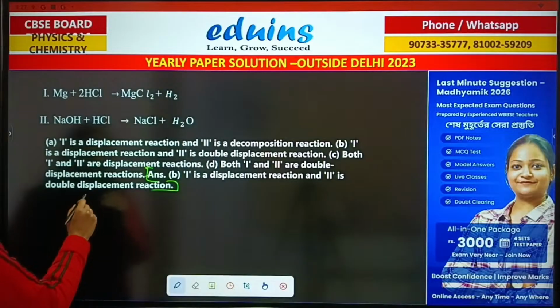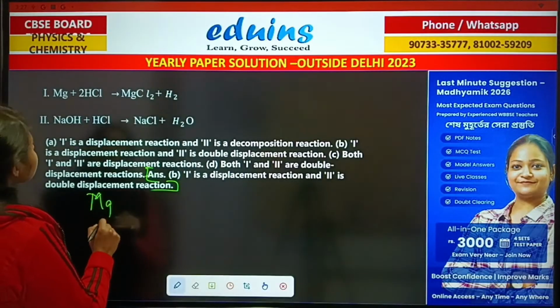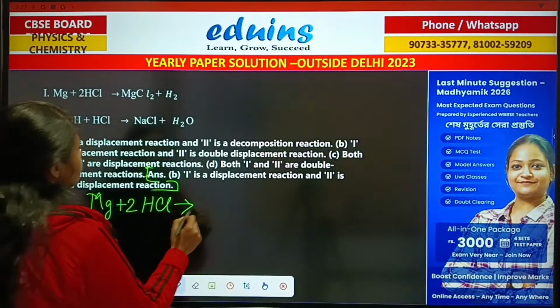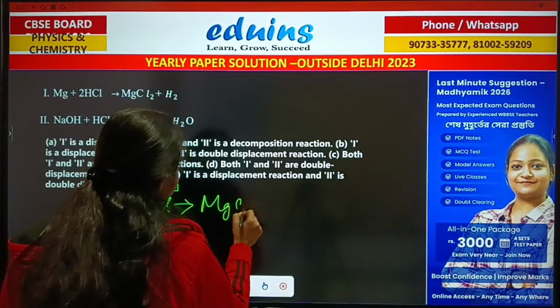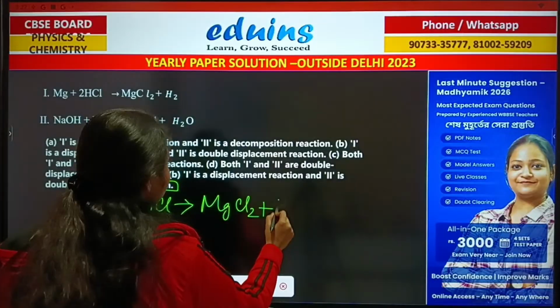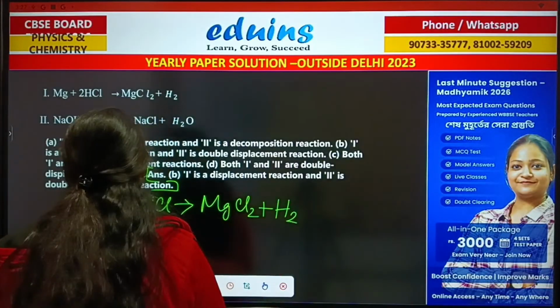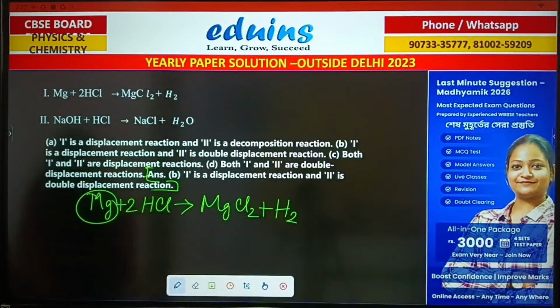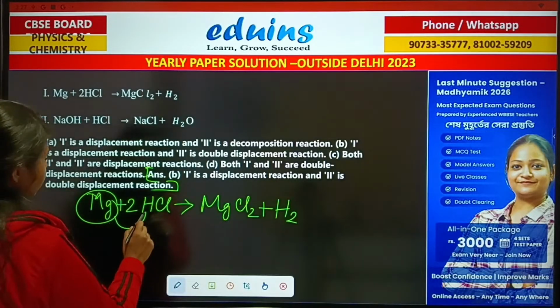In the first reaction, magnesium plus 2HCl, here we get MgCl2 plus hydrogen. Magnesium can react faster, so magnesium can displace the place of the hydrogen.